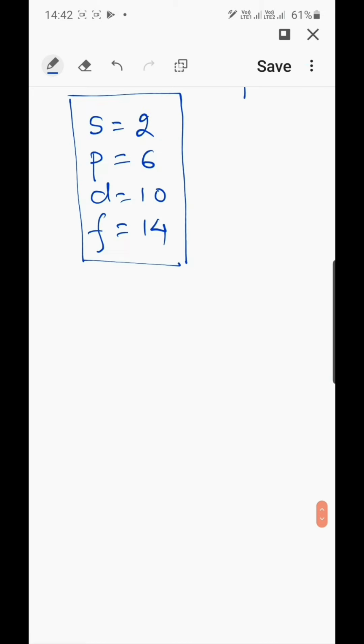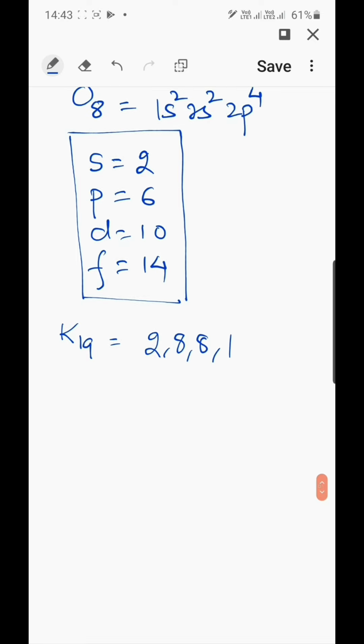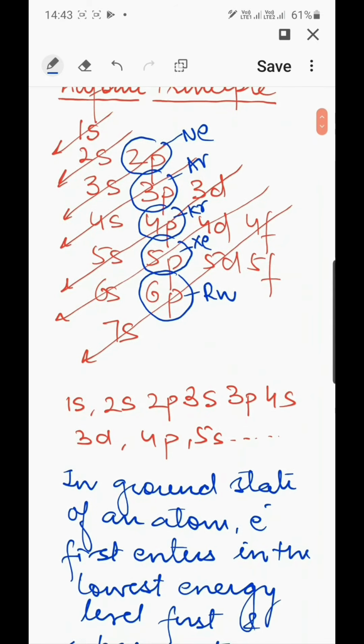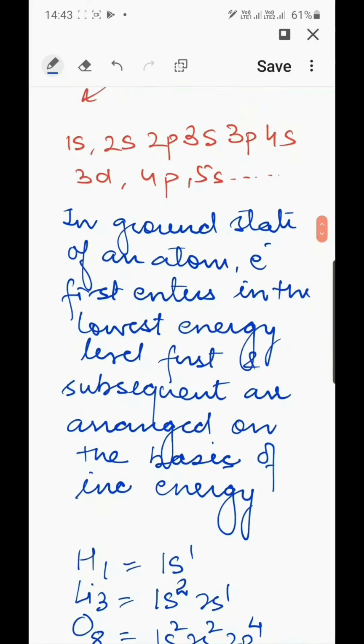I am going to write the electronic configuration of potassium. The atomic number of potassium is 19. That is 2, 8, 8, 1. These are 19 electrons. So the electronic configuration of potassium can be written as 1s2. After 1s, that is 2s2, then 2p6, because the p orbital contains a maximum of 6 electrons.